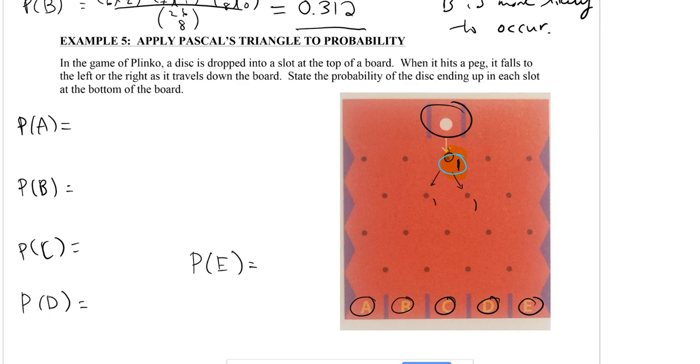Okay, now if I look at the third tier of pegs, 1, 2, 3, I know that the ones on the 2 ends have to be 1 because they come from the previous pegs. There's only one way to get there. But for this middle one, the middle can either come from the one on the left, or the one on the right.